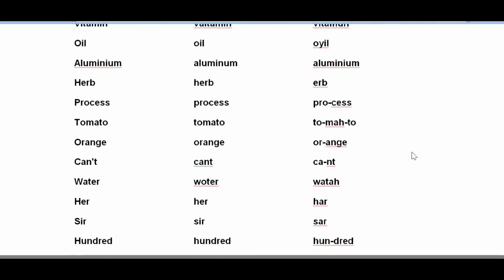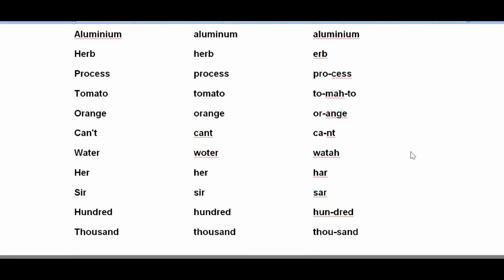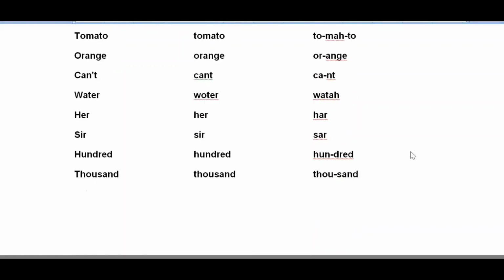The next word is orange, can't, water, her, sir, hundred, thousand.